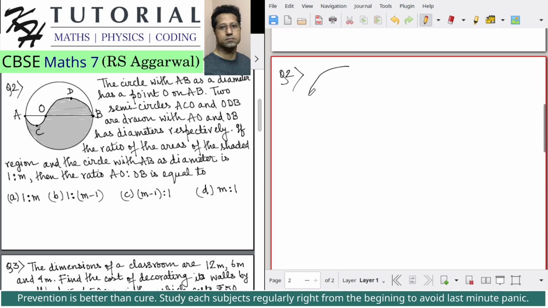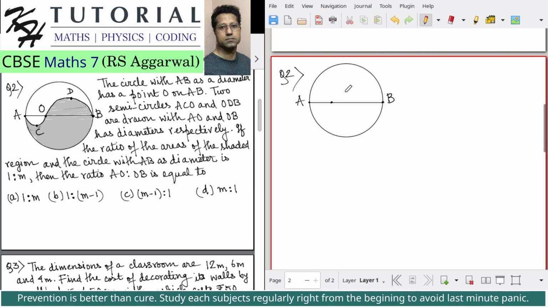Okay, so let's draw the diagram. So we have this big circle where AB is the diameter, A and B are two points on the circumference, so that it passes through the center. O is a point somewhere.